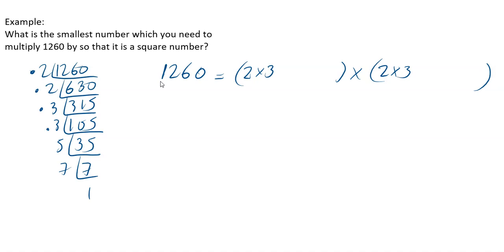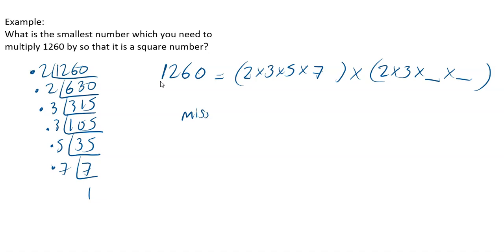And then my 5's, I can put one in here, and then I don't have another one, so I'm going to leave a wee gap where it would have been, to show me that I'm missing a 5. Likewise, my 7's, I can put one in my left bracket, and there should have been one in my right bracket.